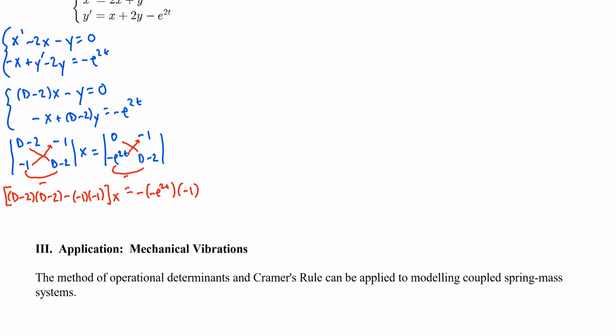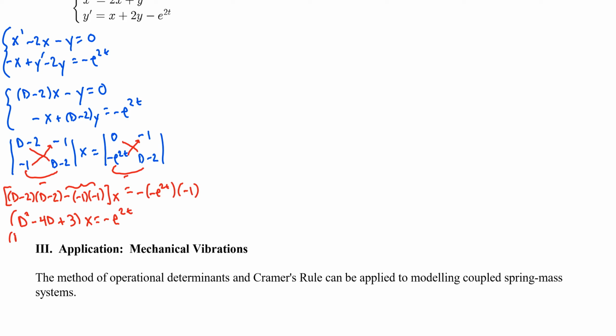Working on the algebra on the left side here, we have D squared minus 4D plus 4, and then this gives me a minus 1, so this becomes plus 3, x equals -e^(2t).